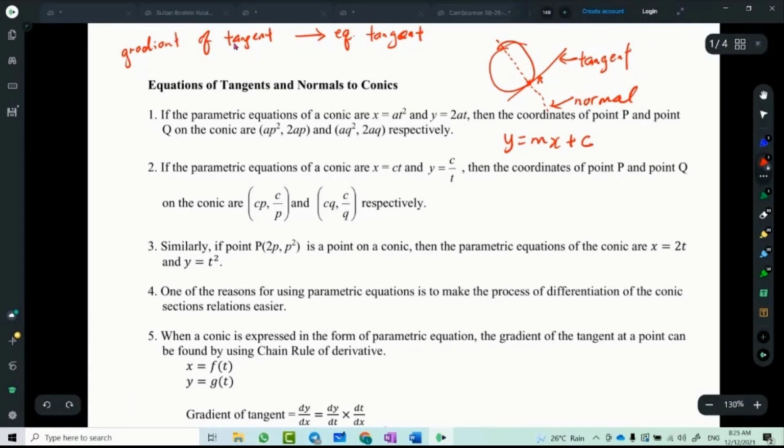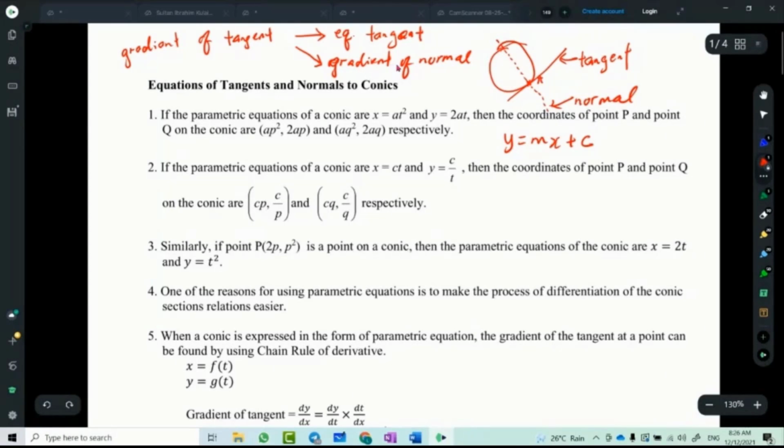Okay, then as normal, if you have the gradient of tangent, awak boleh mencari gradient of normal. Normal mesti dapat daripada tangent. Awak tak boleh cari gradient of normal sendiri. Okay, gradient of normal you take from gradient of tangent.